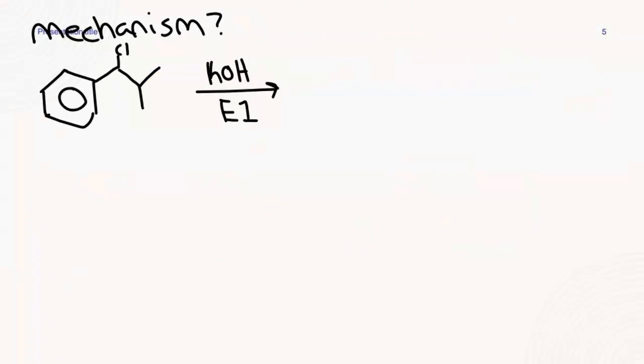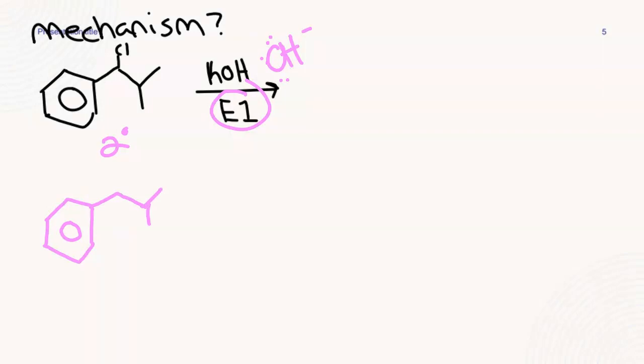Then we have E1, secondary substrate. Okay, and then hydroxide is my base. So E1 is stepwise, so the leaving group is going to come off first.